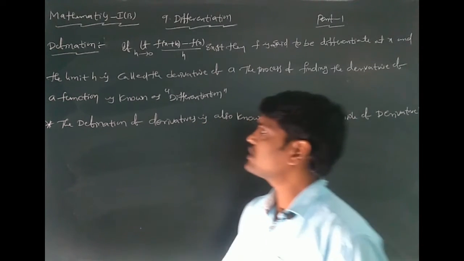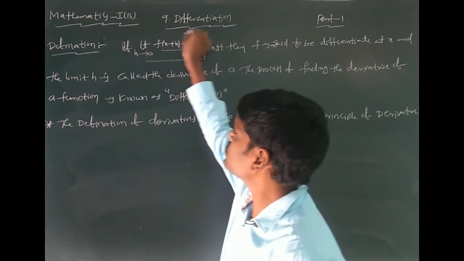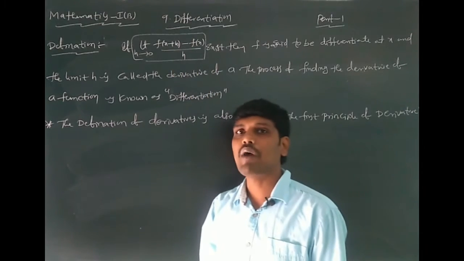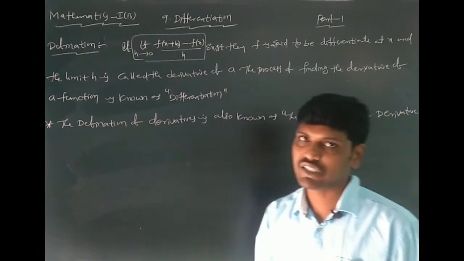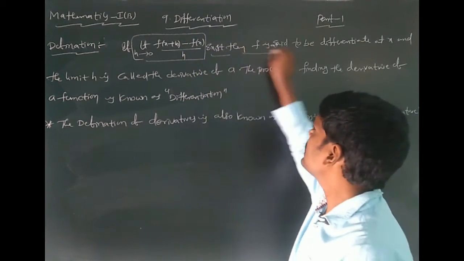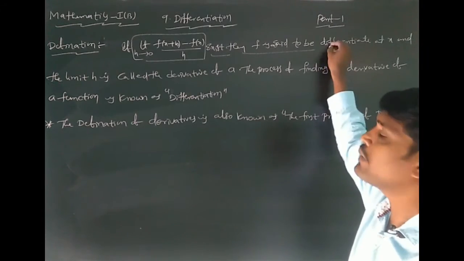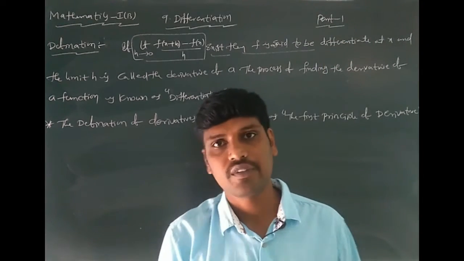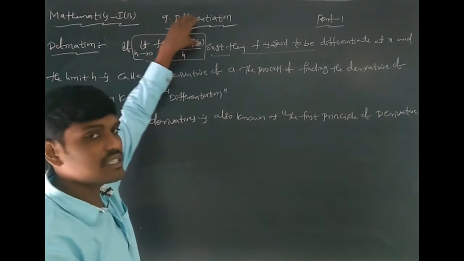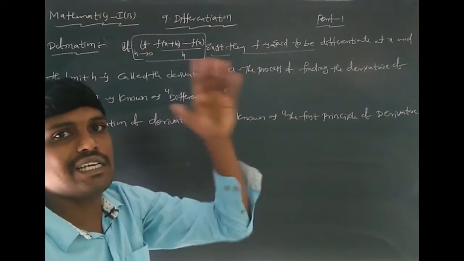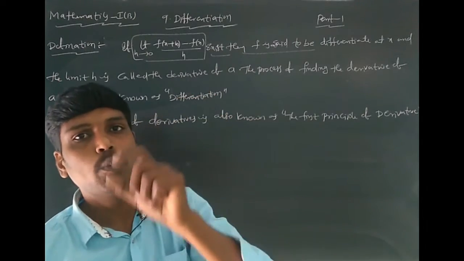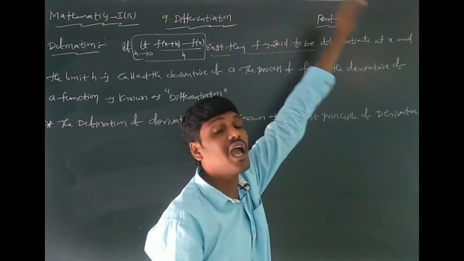Here, what is the definition of differentiation? If the limit as h tends to 0 of f of x plus h minus f of x, whole divided by h, exists, then f is said to be differentiable at x.